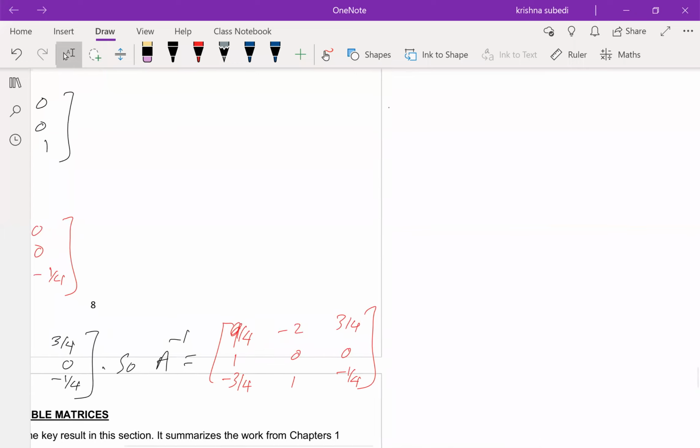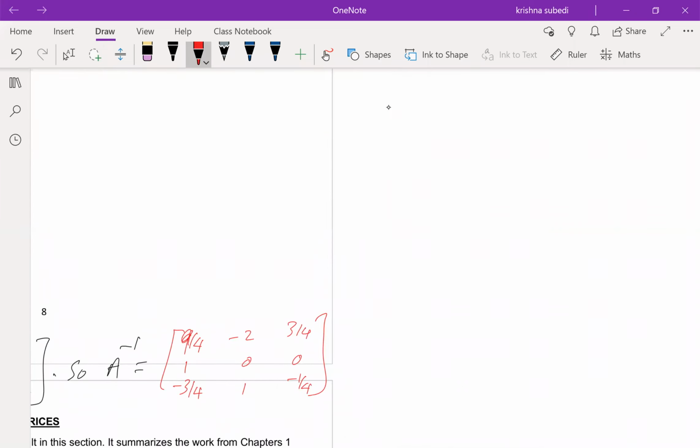What we know is that when we multiply A and A inverse, then this must be I. Okay, let us multiply that. A is there and A inverse is 9/4, -2, 3/4, 1, 0, 0, and -3/4, 1, -1/4.